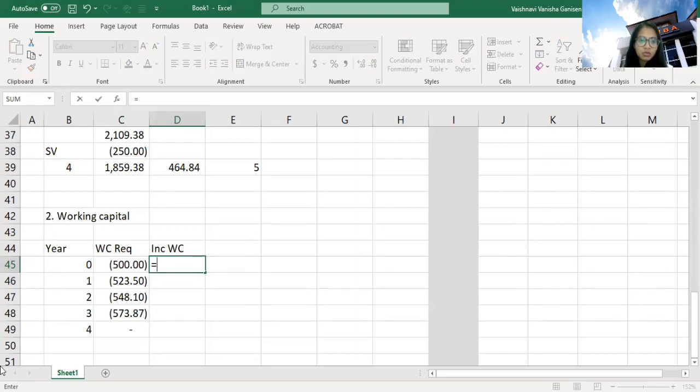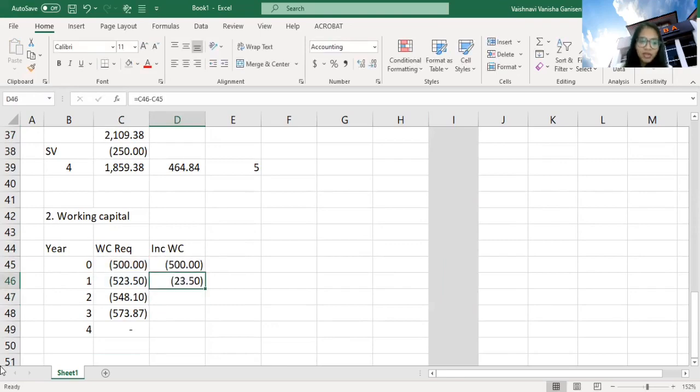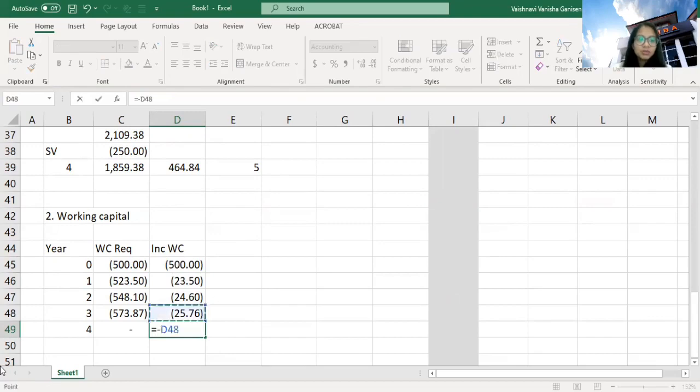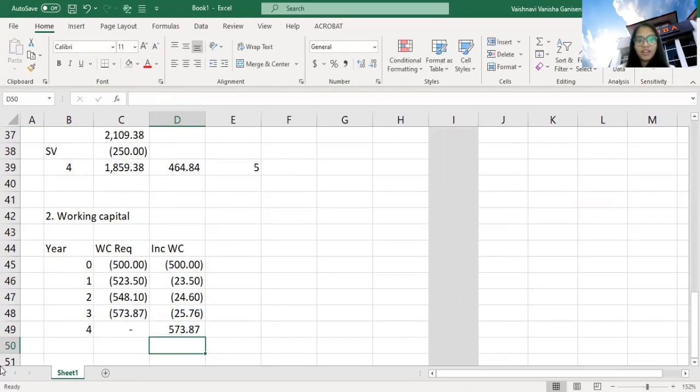Okay. Now equals to this. Remember what I told you regarding this? And then copy, paste. Equals to negative the final year.